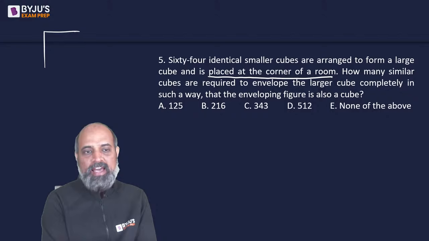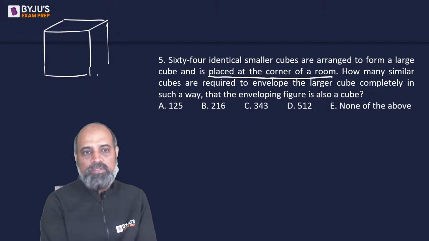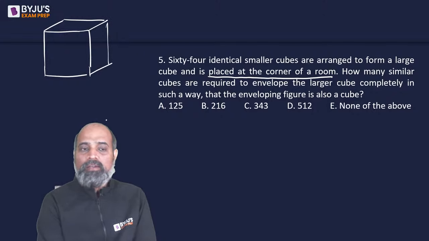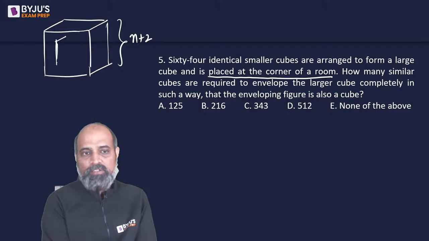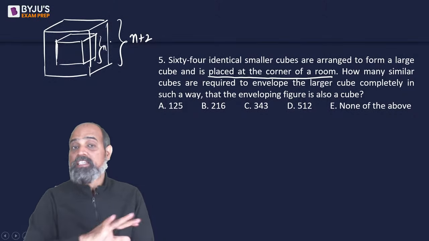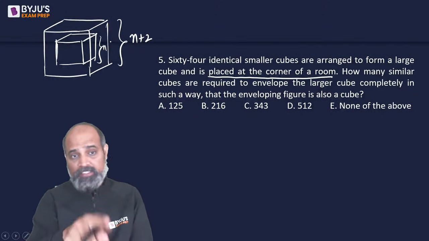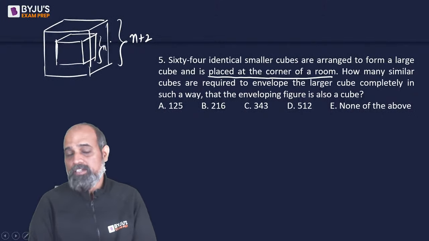If we have a cube whose dimension is n plus 2, then inside the large cube, the smaller cube which is completely inside it will have a dimension of n. But this is when all the 6 faces are required. This is the exact thing we saw in the last slide.